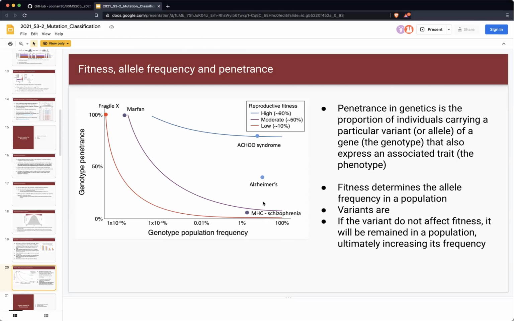This means the mutation occurs in the MHC region, which is on chromosome 6, right? MHC is the genomic location containing genes for the immune system, but this MHC region also has lots of mutations associated with schizophrenia. But in this case, the penetrance of a mutation in the MHC is around 1 or 2%, right?